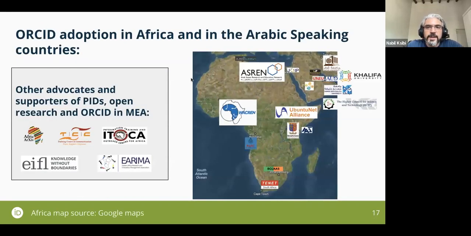As a small screenshot of where ORCID is exactly, and of our members, especially in Africa and the Arabic-speaking countries, we do have a great relationship with the regional RENs, Research and Education Networks, like WACREN in Western Africa, like UbuntuNet Alliance in South and East Africa, and like ASREN for the Arabic-speaking countries and North Africa.